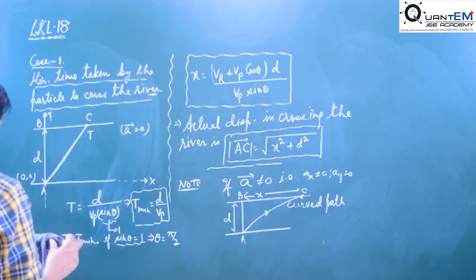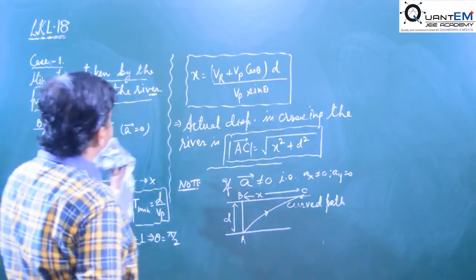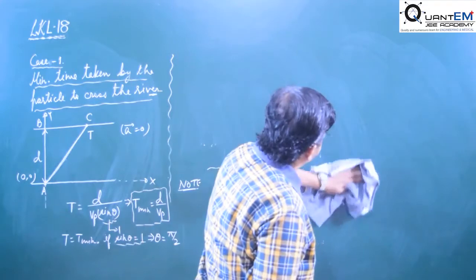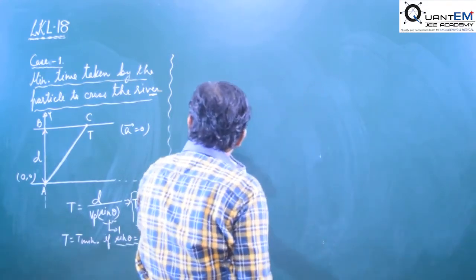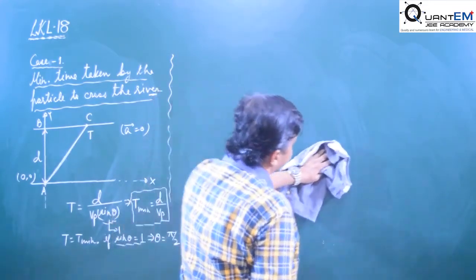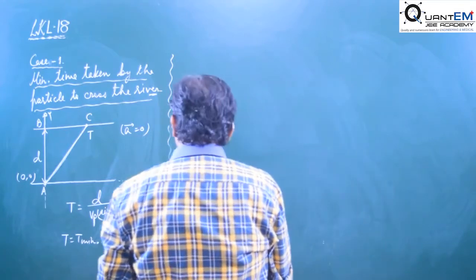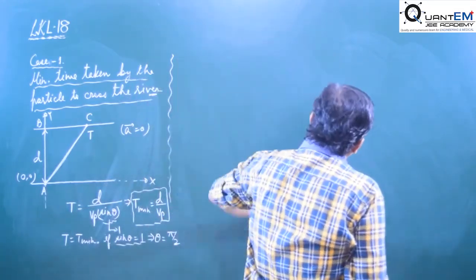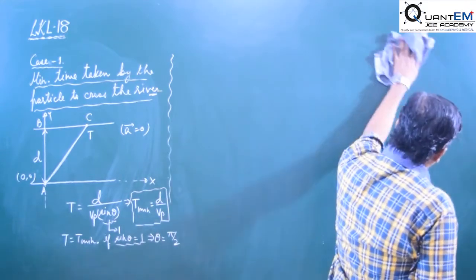So now we get a result. Time is minimum only if Vp is perpendicular to Vr.